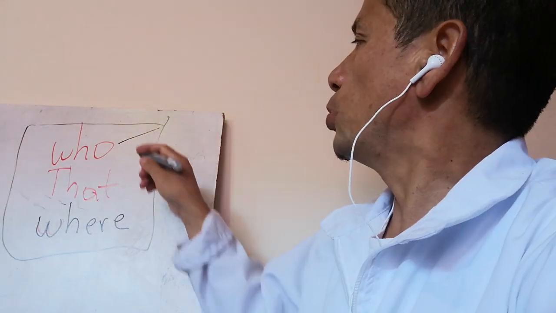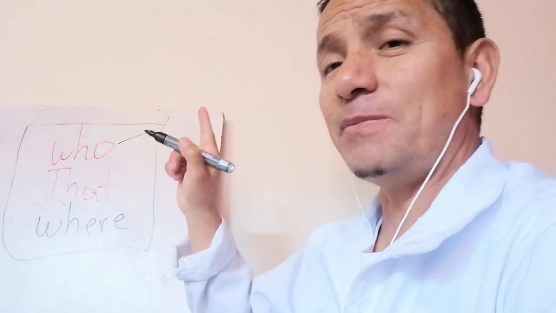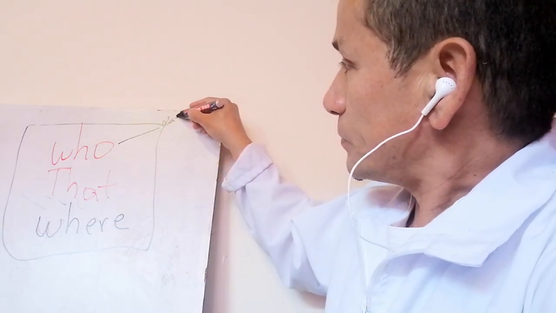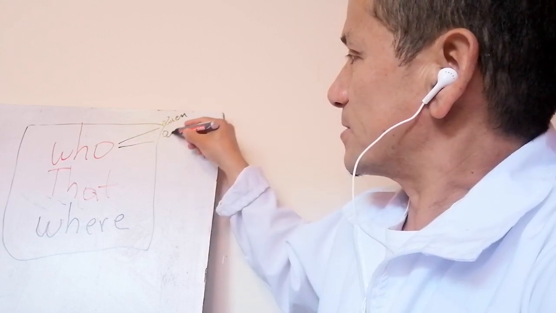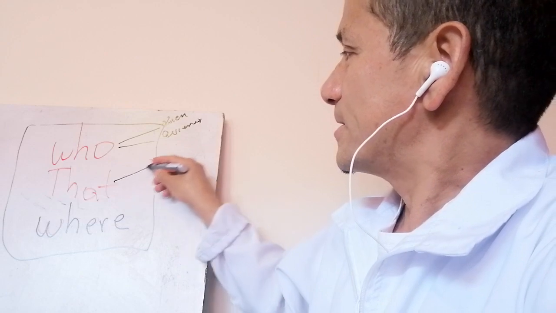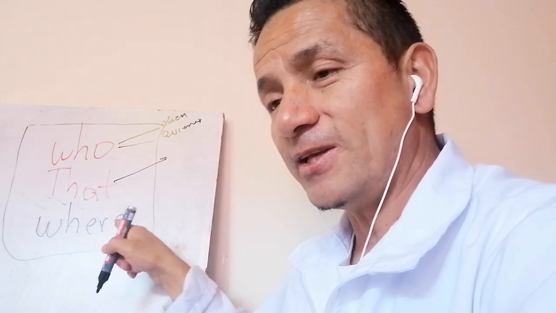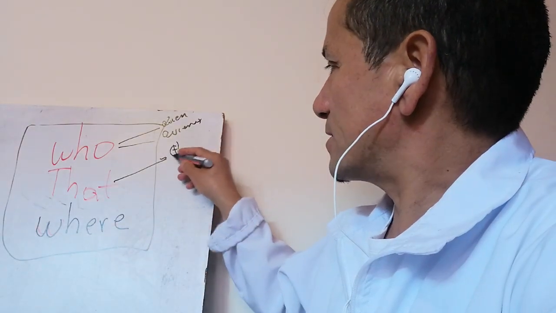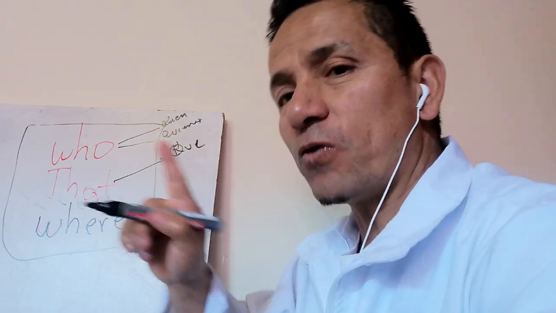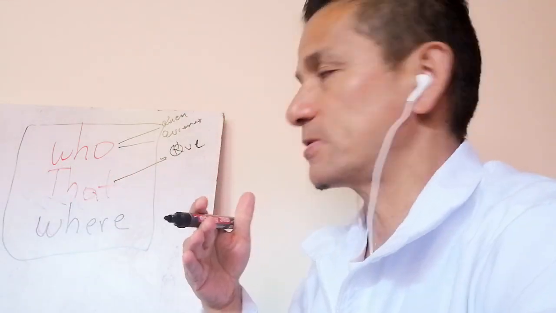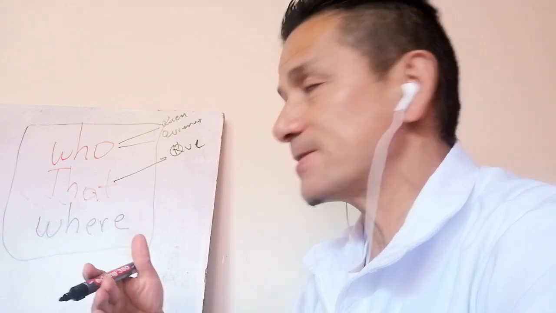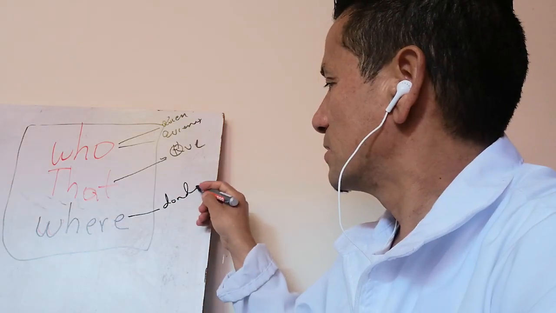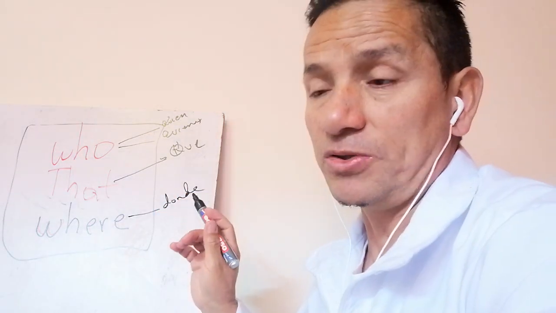Who. So who, quien, is used for singular and plural: ¿quién o quiénes? Because it's plural in Spanish. That, according to this context, is que. Understand this. This is que. Que not for questions, que for connections, to connect phrases. And where is donde, or adonde is possible too.